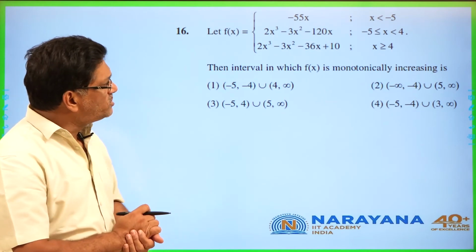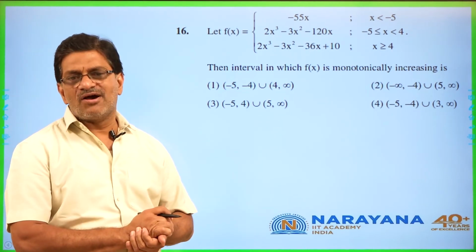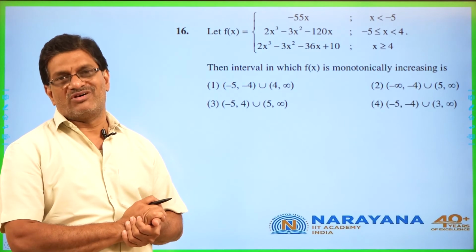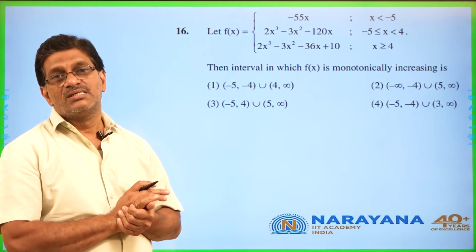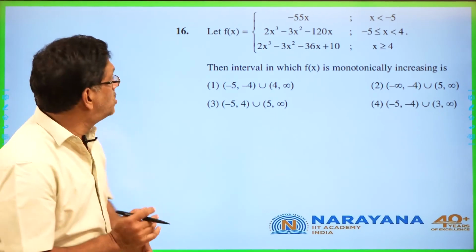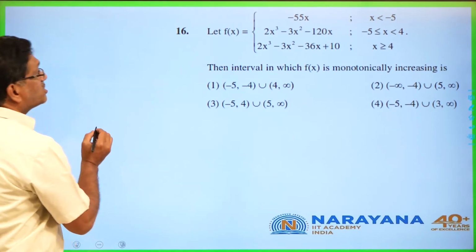So, monotonicity. A function that is increasing or decreasing is called a monotonic function. Monotonically increasing means f dash x greater than 0. Right? Let us differentiate the given function.